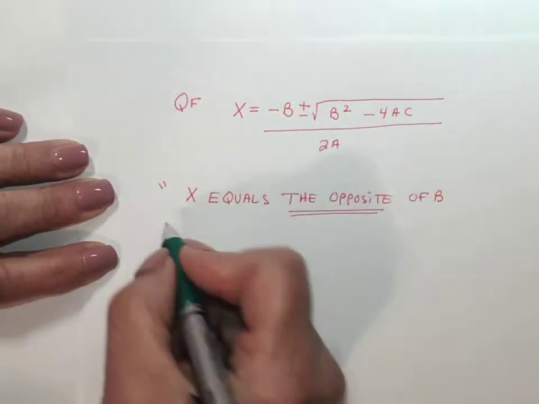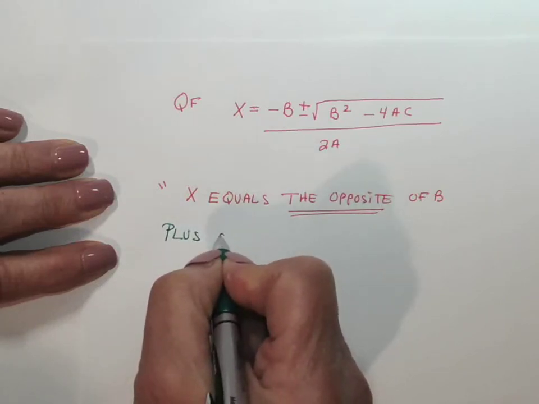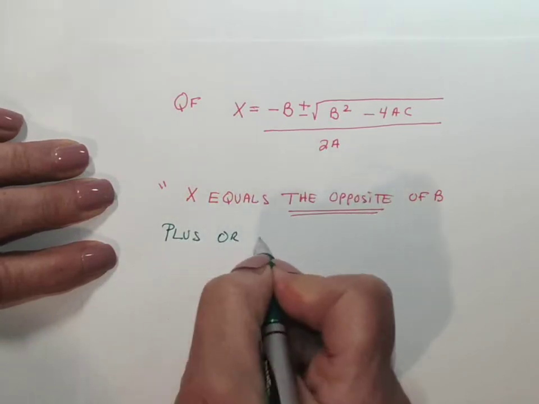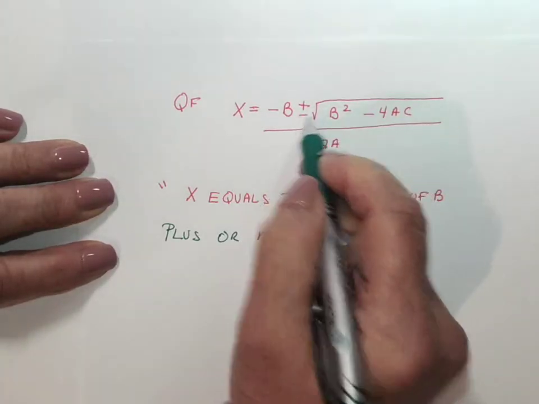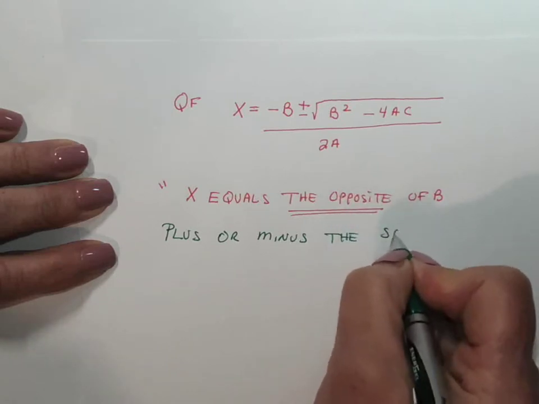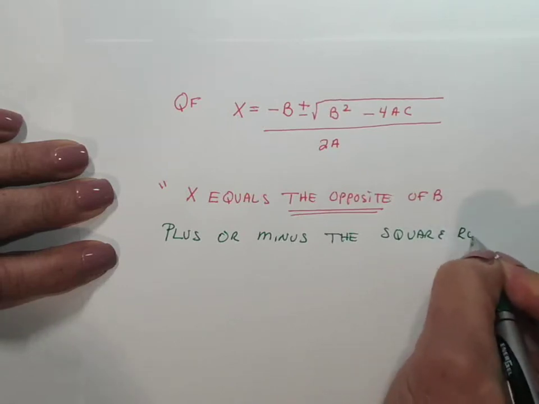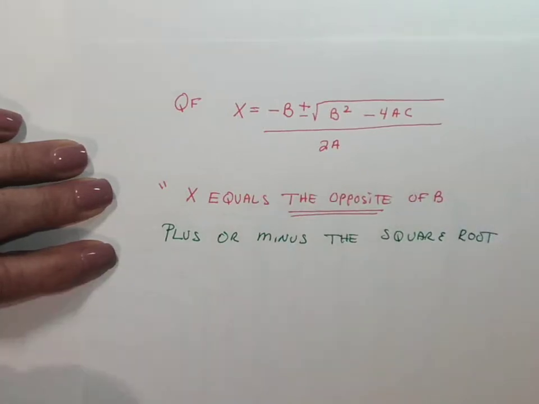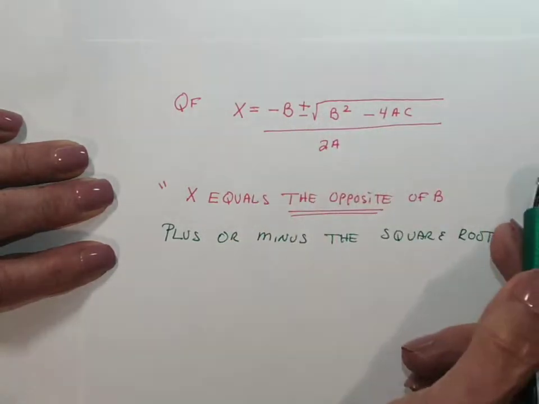Now, plus, okay, or minus the square root, and it's the square root of everything.